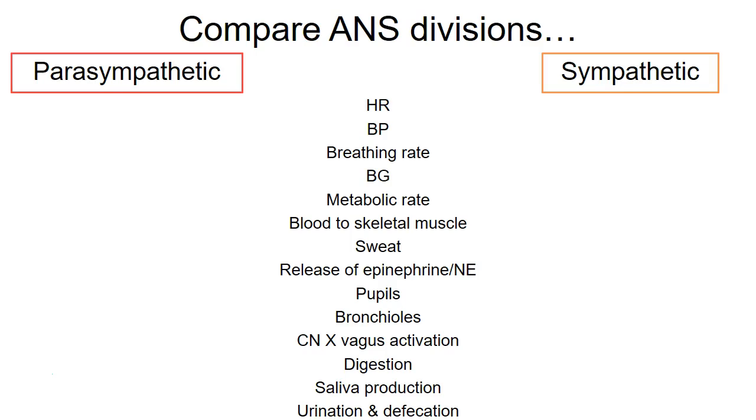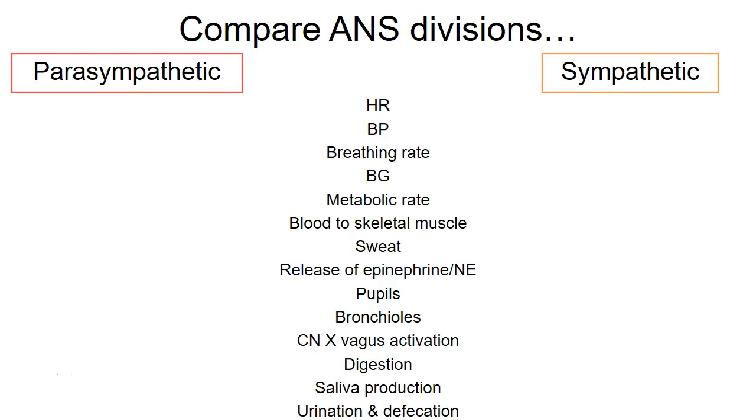All right, what about digestion? For parasympathetic, we should see that being elevated. Digestion response here should go down. Saliva production for parasympathetic should go up. Saliva production for the sympathetic should go down.